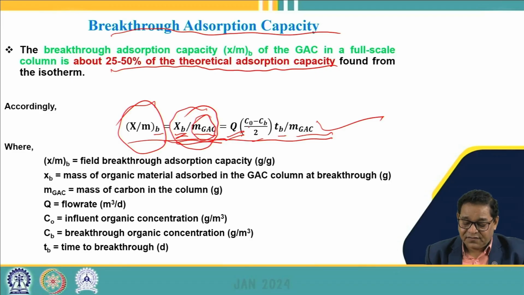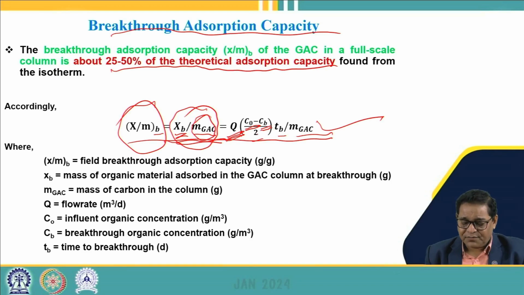In this, the Q is basically the flow rate, that could be in meter cube per day, that could be in liter per day, whereas C0 is the initial concentration of adsorbate present in the solution, while Cb is the concentration of adsorbate at the time of breakthrough.